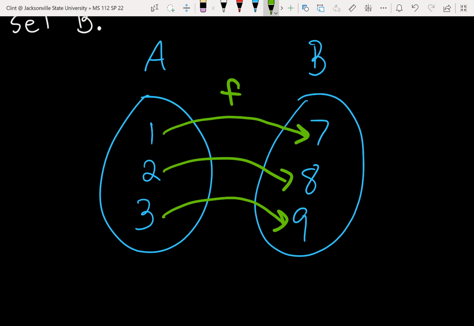There's no reason why we would have to do it in that order. But if we had that relationship, each member of our set A, the ones we're using for inputs, goes to one member in set B, the ones we're using for our outputs. So we could call these over here our x's. And then these over here, we could call our f of x's.